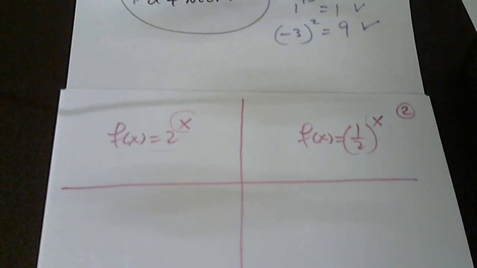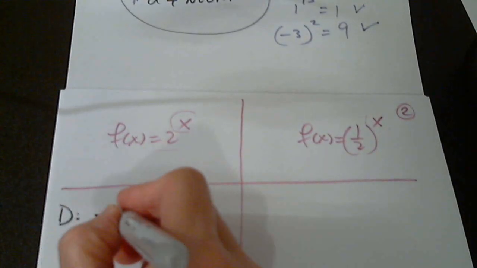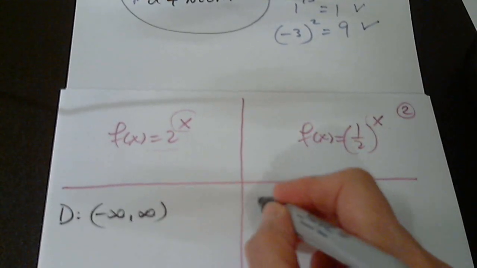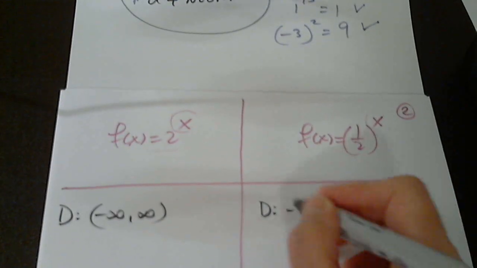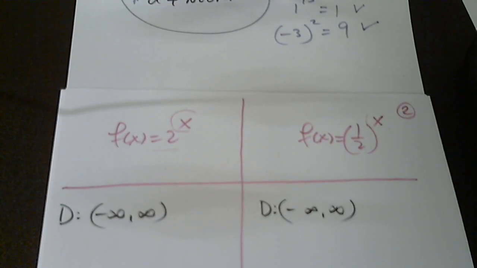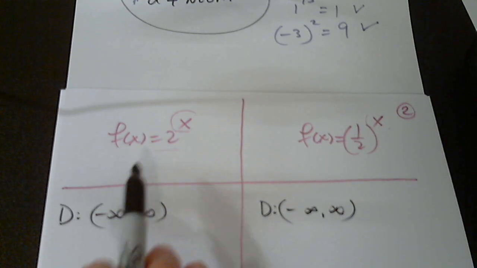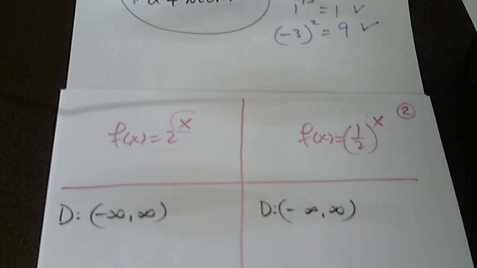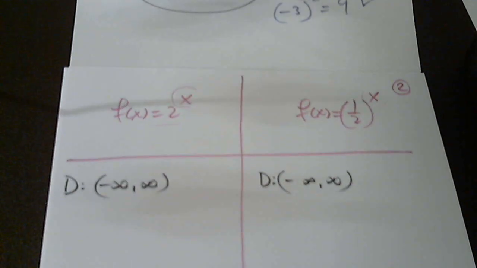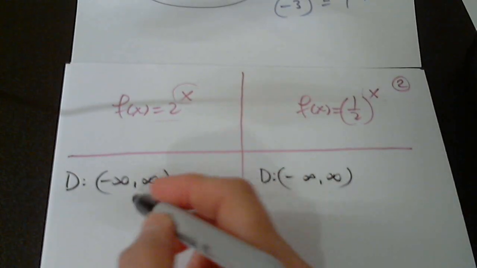Okay, so domain, all real numbers. We can raise 2 to any number, positive or negative. The base is restricted, but x is not. Okay. Now, how do I graph something like this?